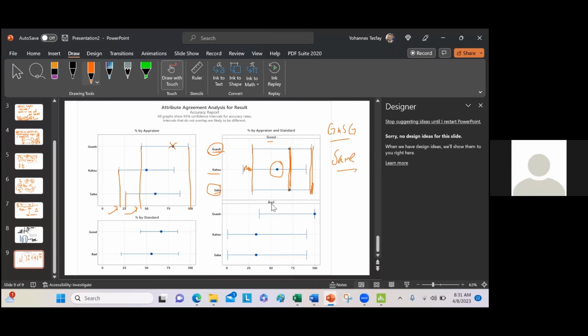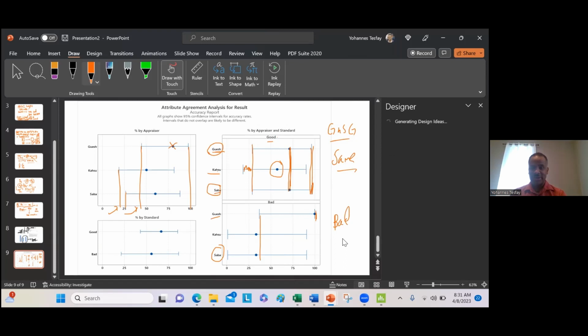Now, when it comes to specificity, this is what specificity is. GUIsh can detect bad parts as bad to reach 100%, or maybe here. But Saba has a problem in detecting bad parts as bad.